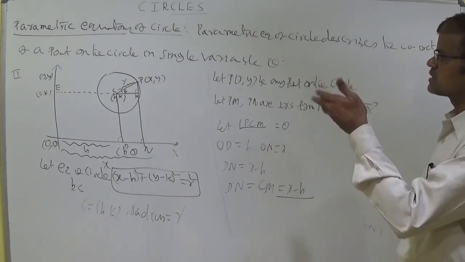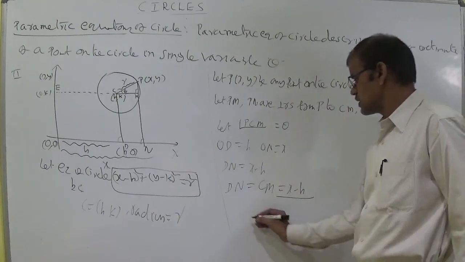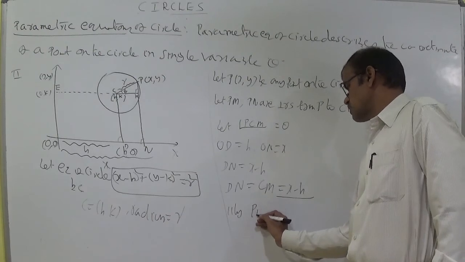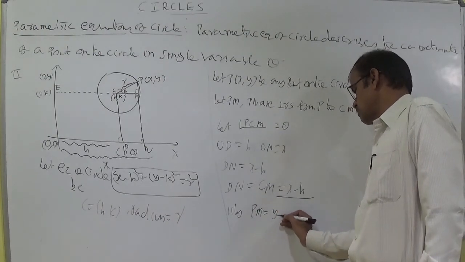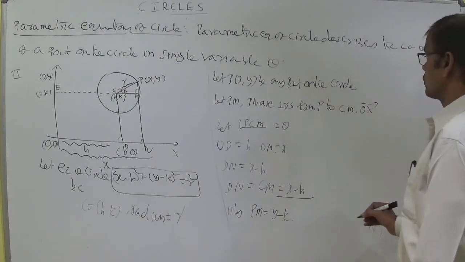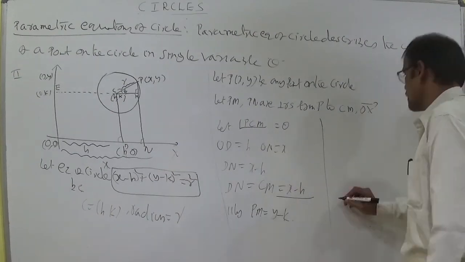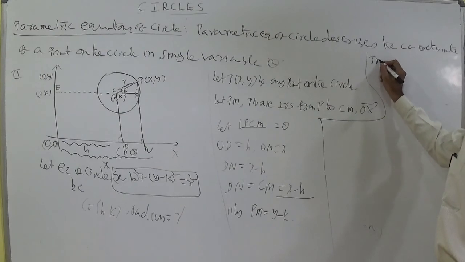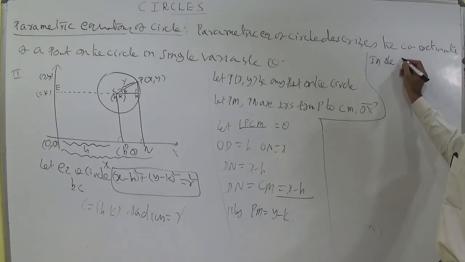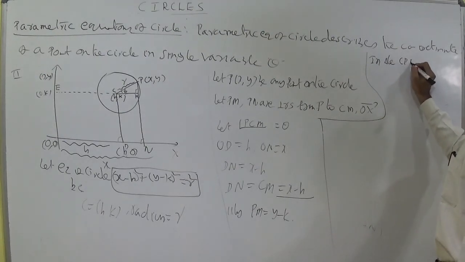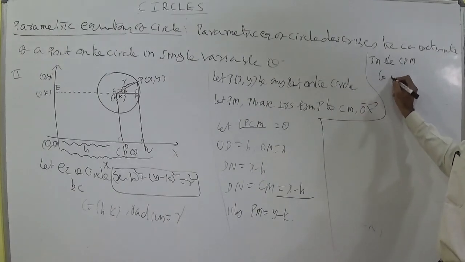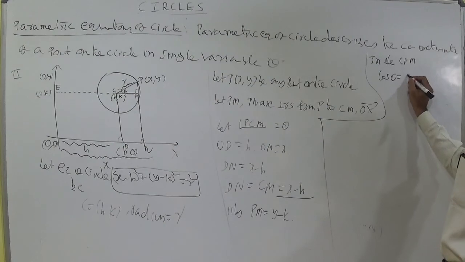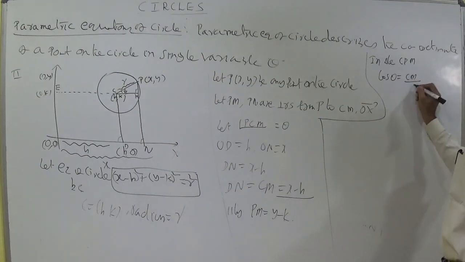Next, in the similar way, similar concept you can write here, PM is equal to y minus k. Now, using the right angle triangle concept, in triangle CPM, in right triangle, cos theta is equal to adjacent side by hypotenuse. What is adjacent side?